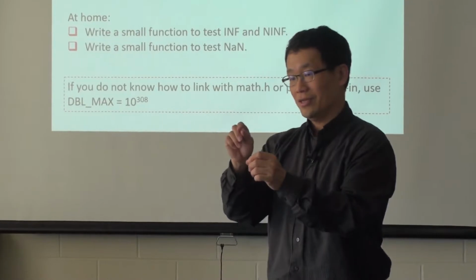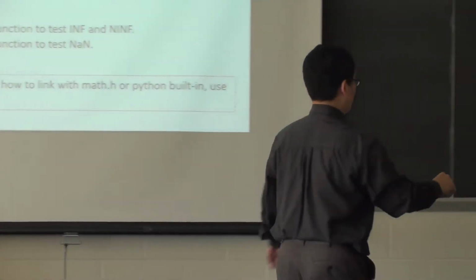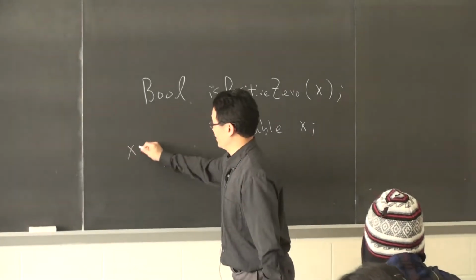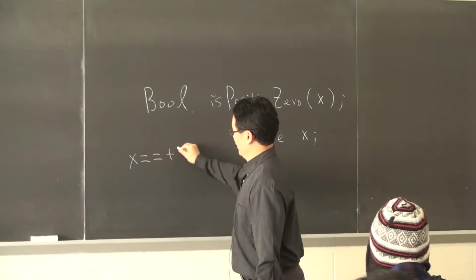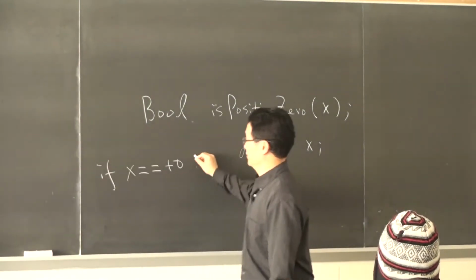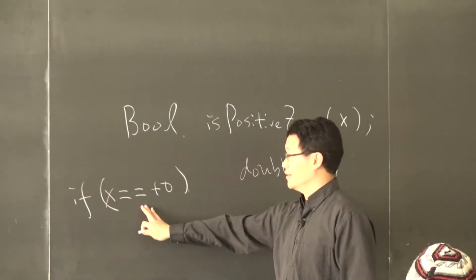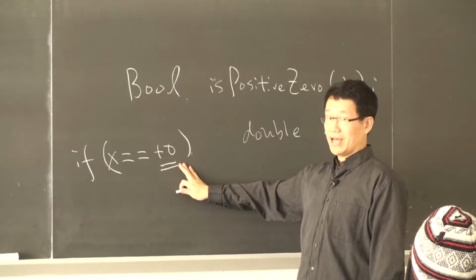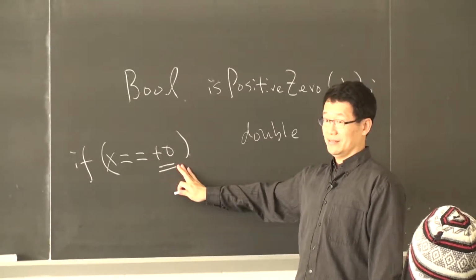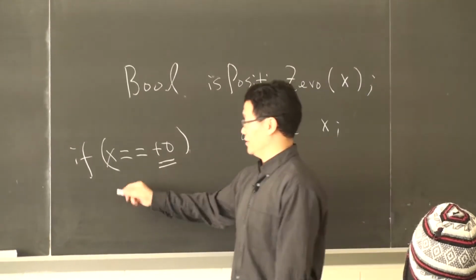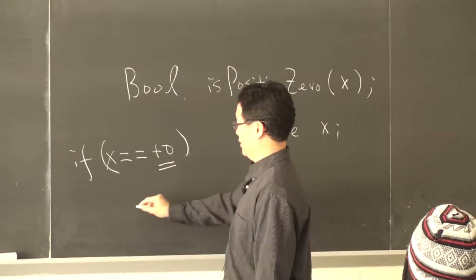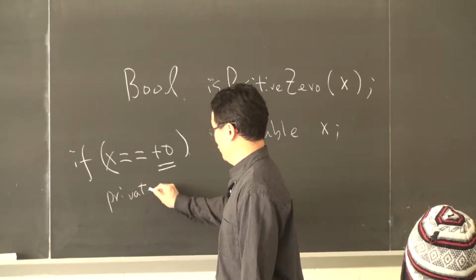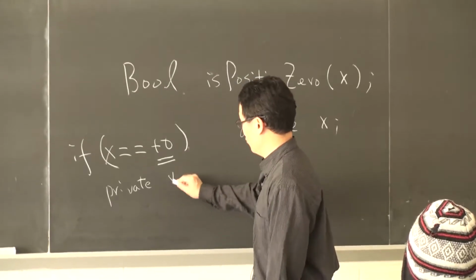So if you just say that x equal to positive 0, then you are not asking the implementation. If you have a statement like this, then you're testing the semantics of your language, not how it's implemented, right? So what you should do is, in the private part, generate something that's infinite, y.